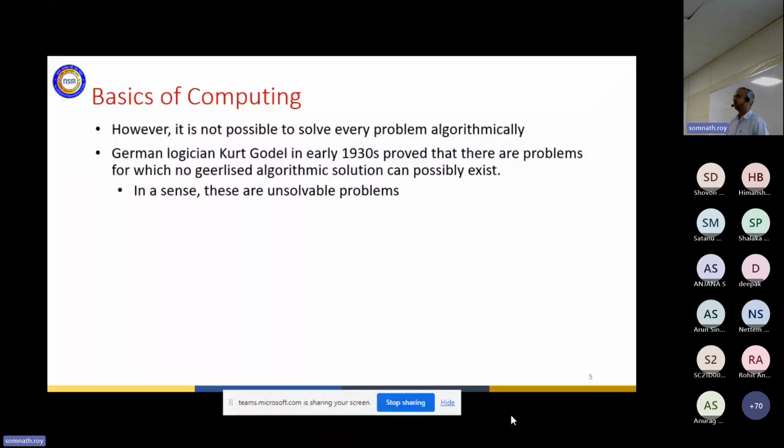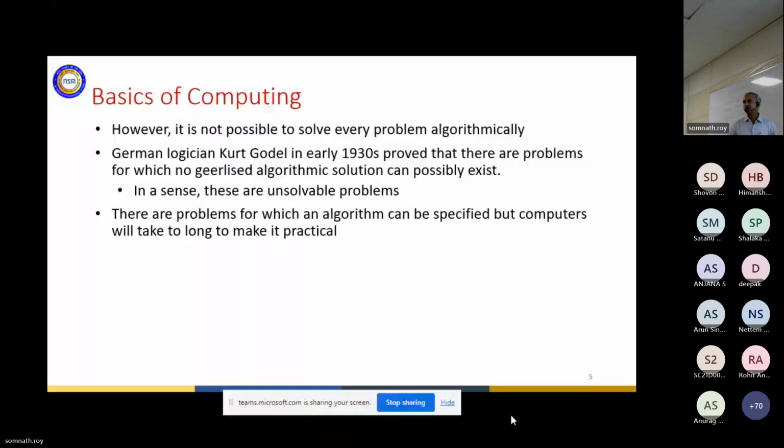Somebody gets a Turing Award or ACM Award for finding an algorithm for a problem which was earlier inefficient or earlier unsolvable. So that's a whole lot of science that goes behind algorithms, and that is anyway not part of my discussion.